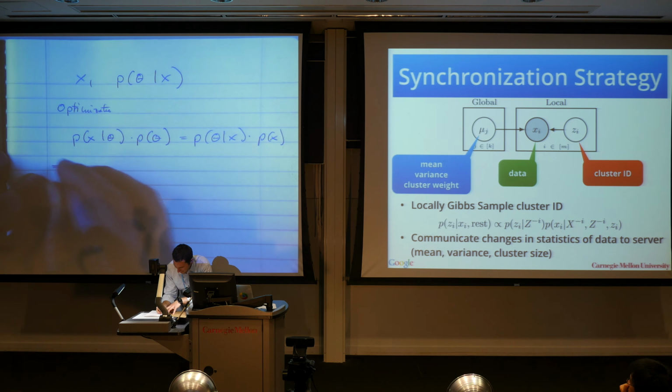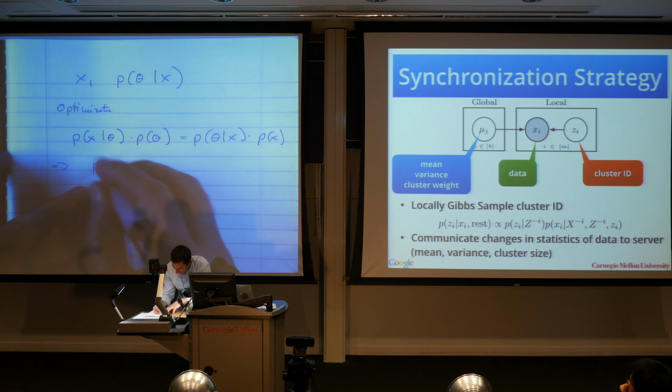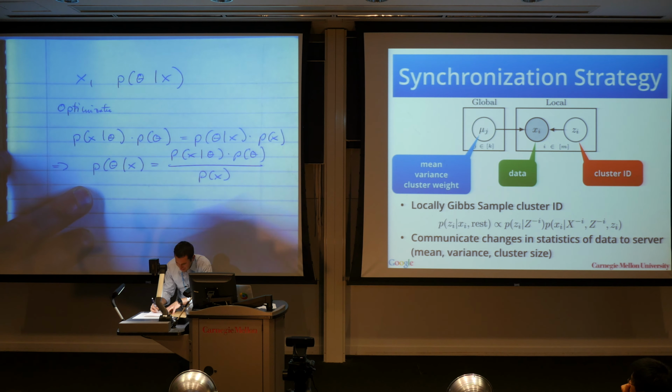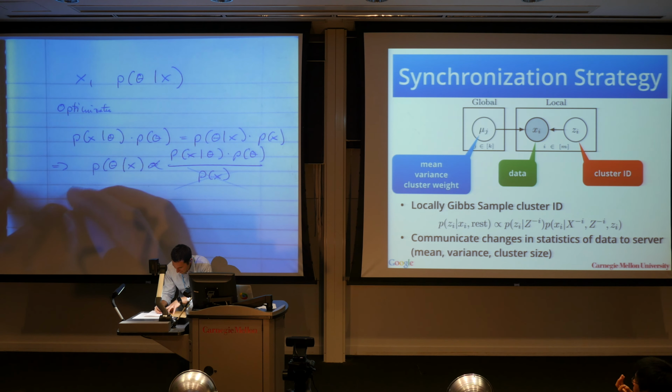So I'm just re-deriving Bayes' rule here. We get p of theta given x is p of x given theta times p of theta over p of x. And this guy is constant, so you can just ignore it, and we get a proportional term. This is Bayes' rule.